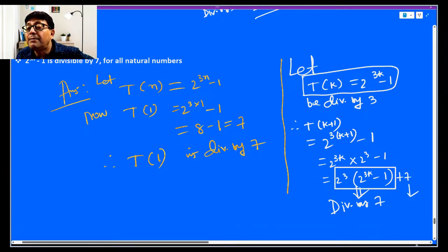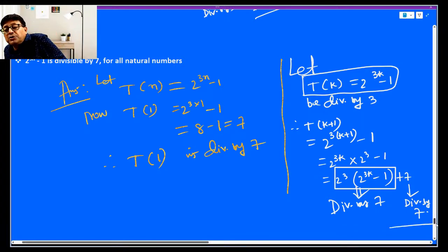This part, 7 is there. This is also divisible by 7. So what will be your conclusion? That if Tk is divisible by 7, T(k+1) is also divisible by 7. Hence the proof.